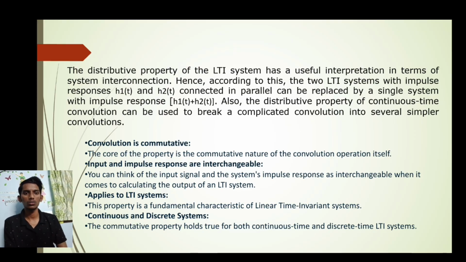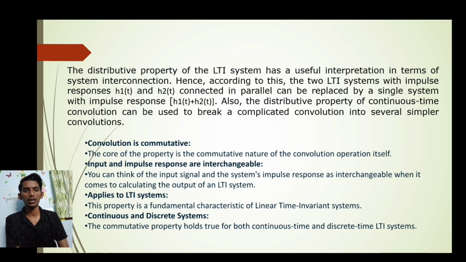Convolution is commutative. The core of the property is the commutative nature of the convolution operation itself. Input and impulse response are interchangeable. You can think of the input signal and the system's impulse response as interchangeable when it comes to calculating the output of a linear time invariant system.